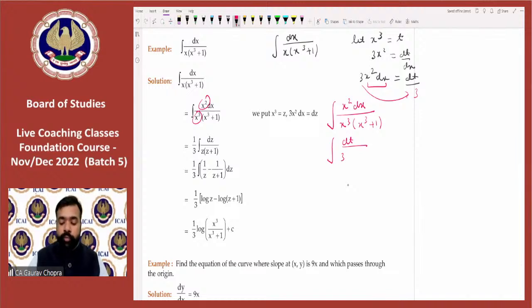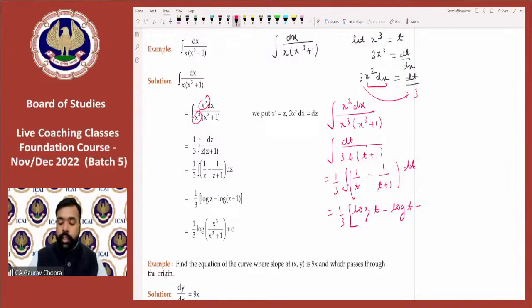Then in place of x cube, we can write t. And what is the other factor? x cube, we have already taken as t, plus 1. Then what's the next step? We can easily separate them and get the result. So it becomes 1 by 3, 1 upon t minus 1 upon t plus 1. Next step is the integration: log of t minus log of t plus 1.